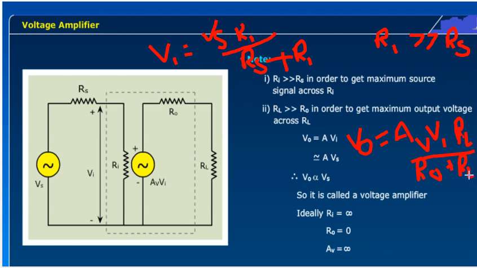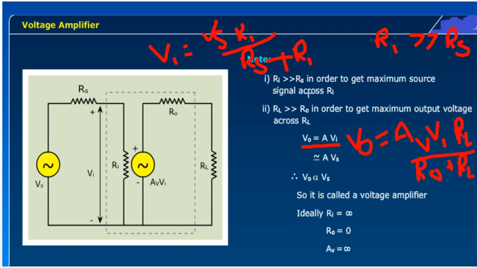In this case also we take the load RL to be large, so R0 plus RL is nearly equal to RL. RL cancels, and we get V0 equal to AV into Vi. So V0 is equal to A into Vi, and here Vi is also equal to the source Vs.